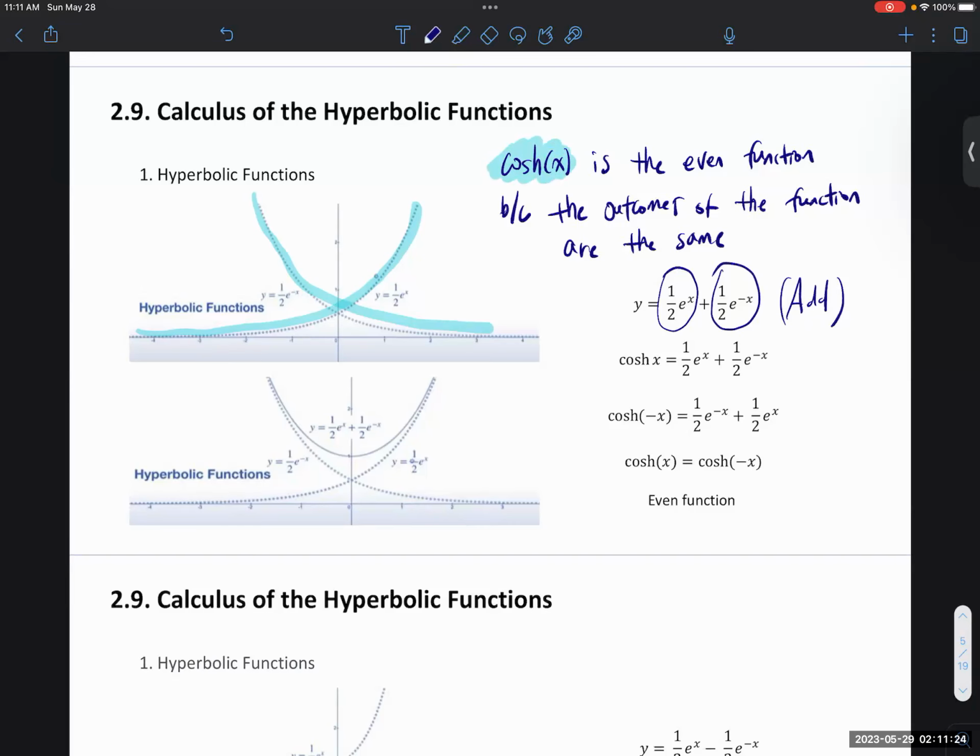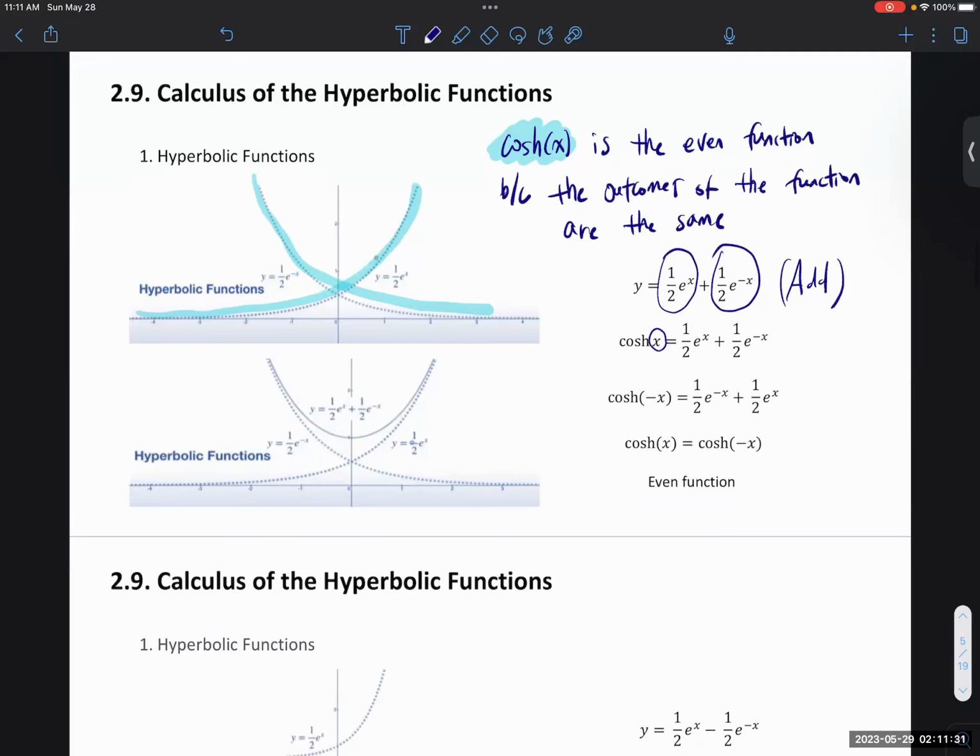If you are plugging in x as an input, so cosh x, it is going to be e to the x plus e to the negative x over 2. So this is when x equals x. But let me change the input to negative x. So what happened? If you're plugging in negative x into x, the e to the x is going to be e to the negative x. So it's just changing the sign of the x.